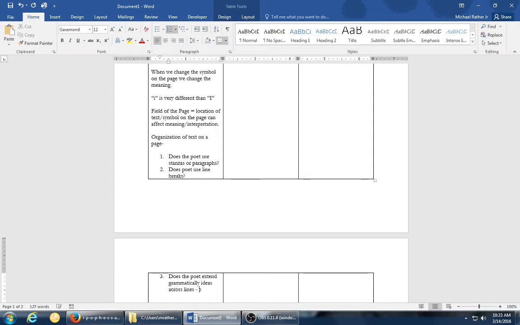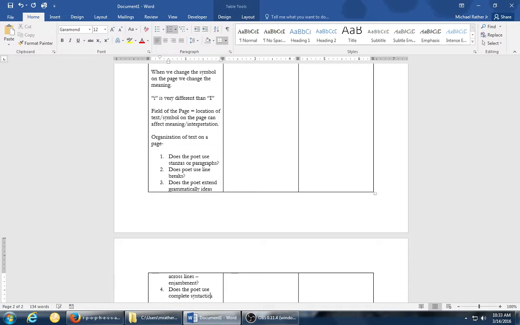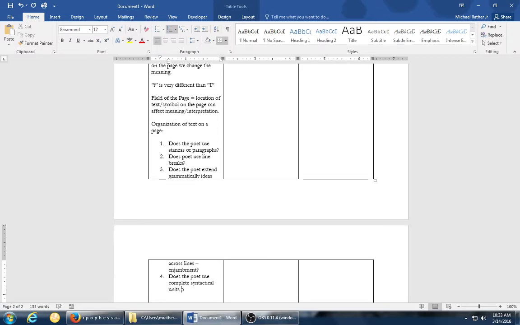And in poetry we call that enjambment, but that word does not appear in your textbook because it's a little more advanced. Does the poet use complete syntactical units on each line? And we call that end-stop.